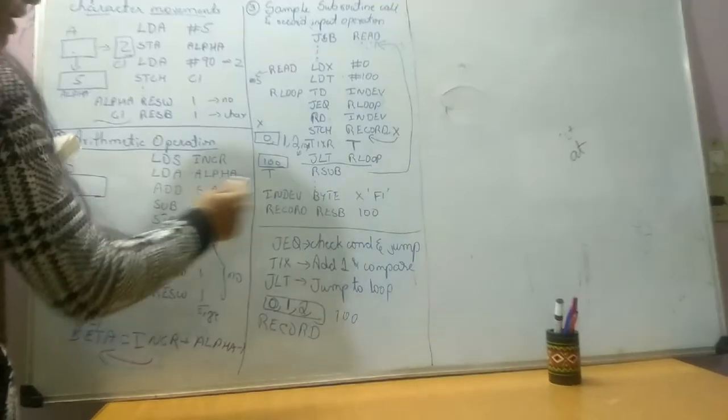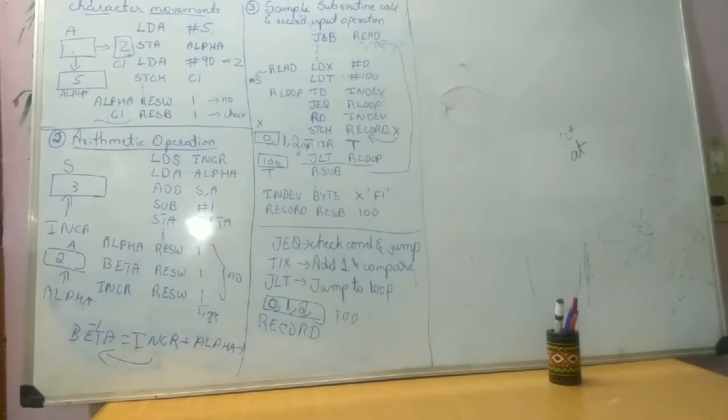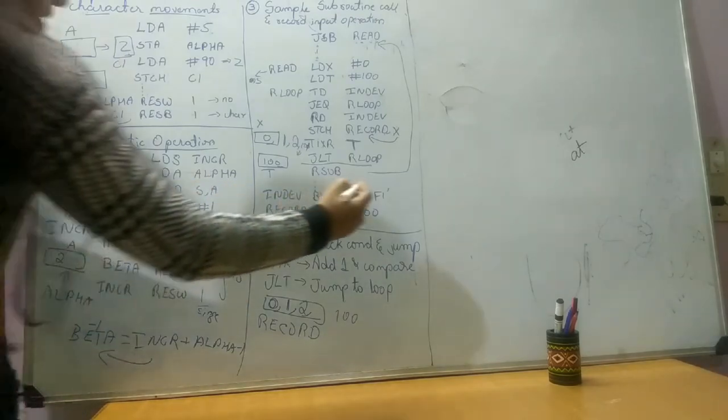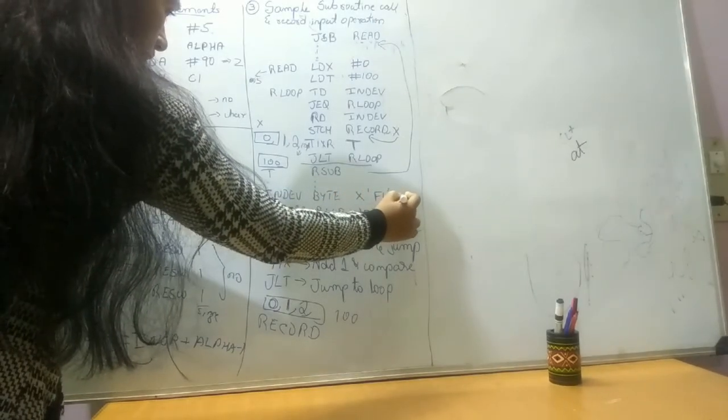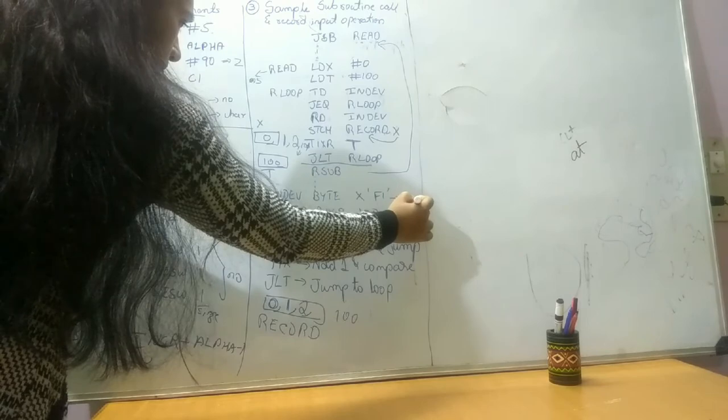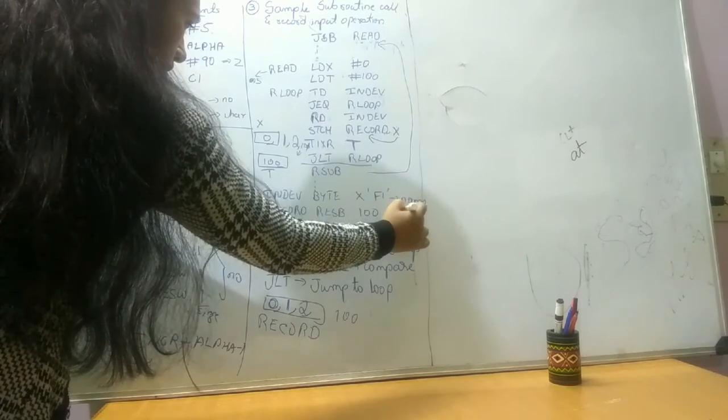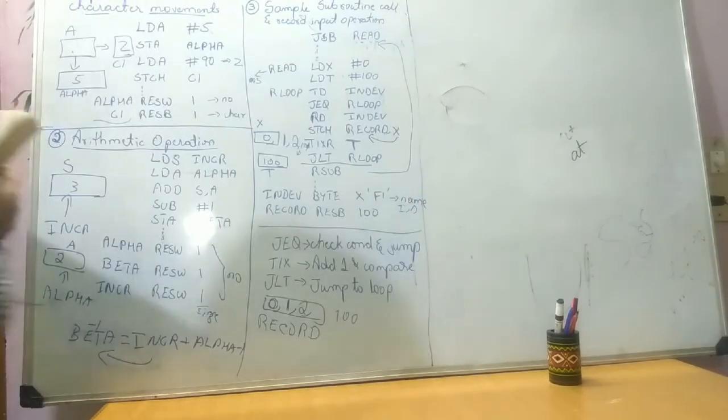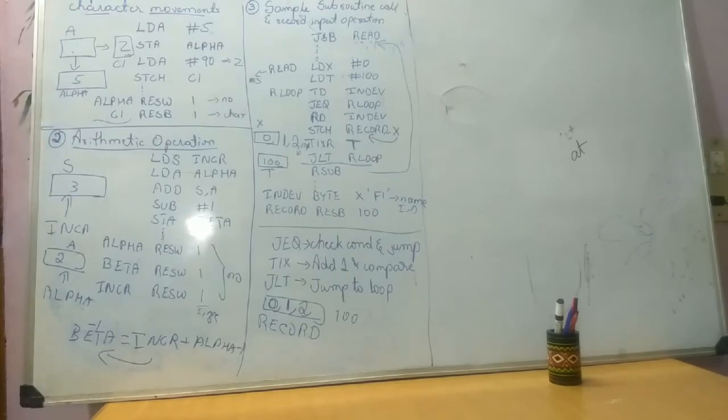Here INDEV, what is the input device? It is a byte, and X'F1' is the name we have given for an input device. And the record, what is it? It is a reserved area of 100 bytes, which is the maximum storage.